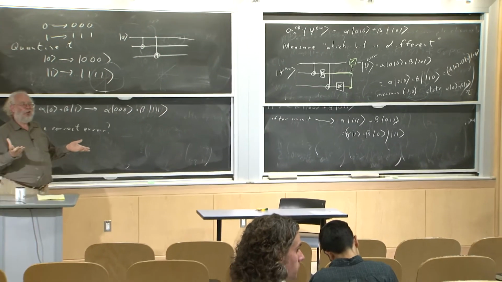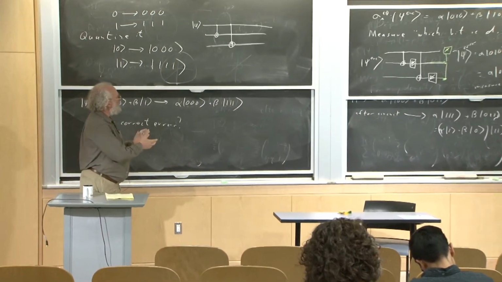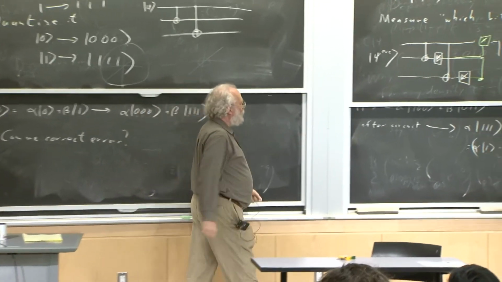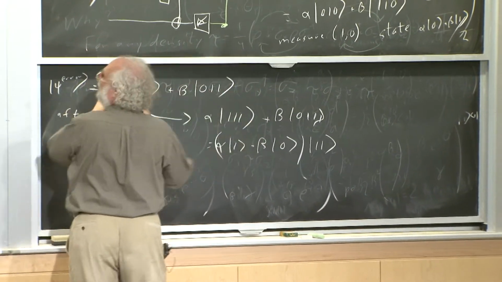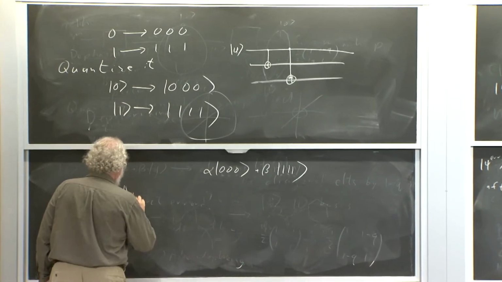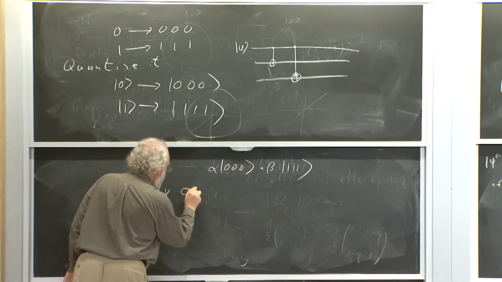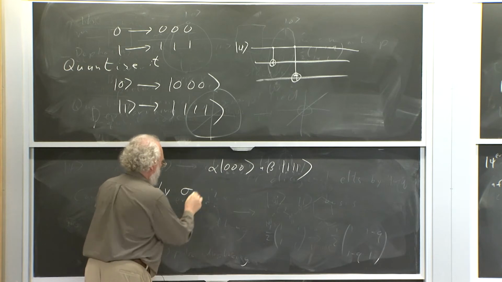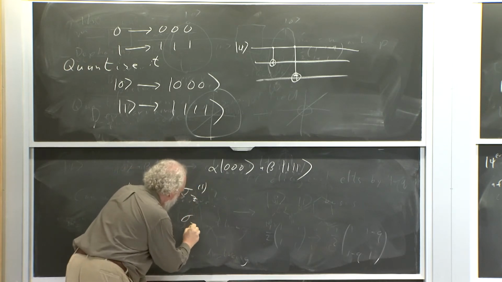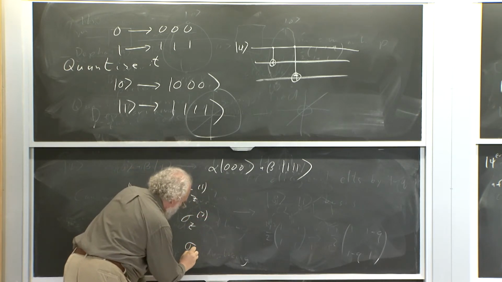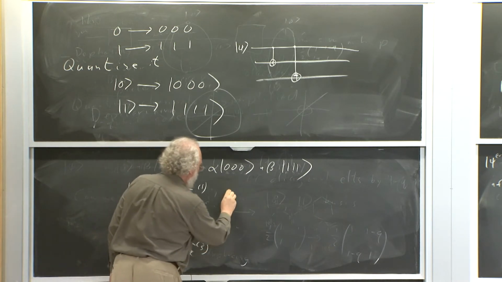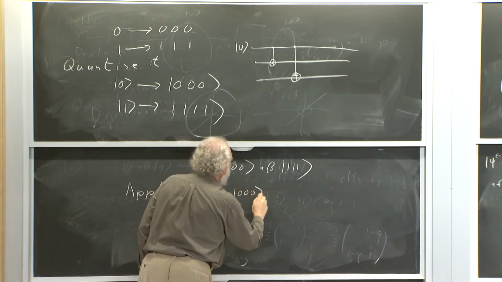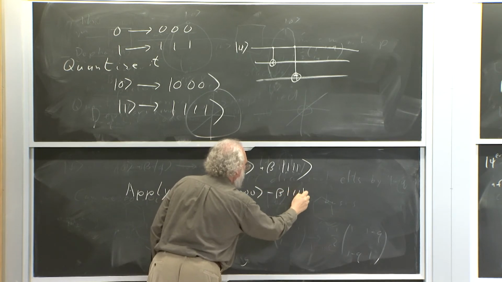But of course, not everything is a sigma x error. There's also sigma z errors. So what happens if we apply a sigma z error to this code? Well, there are 3 things you can apply the sigma z to: the first, second, or third qubit. What do we get? Here we get alpha 0, 0, 0 minus beta 1, 1, 1.